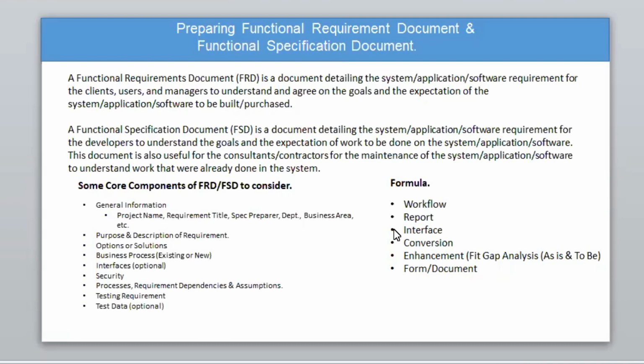On the other hand, a functional specification document, which is FSD, is a document detailing the system, application, or software requirement for the developers. Mind the words there, for the developers. FRD is for the client, users, manager, or an organization.